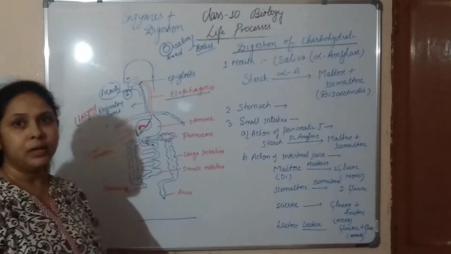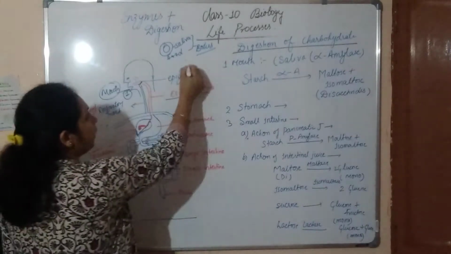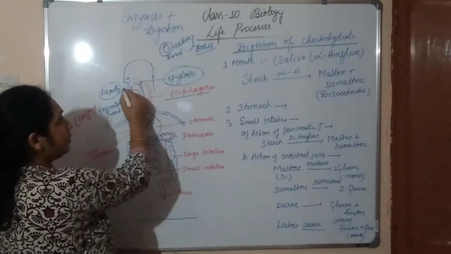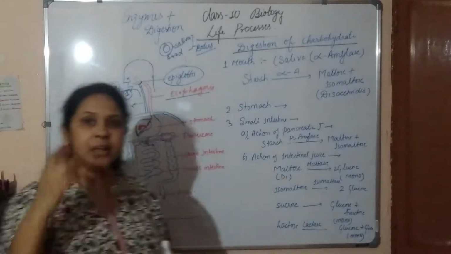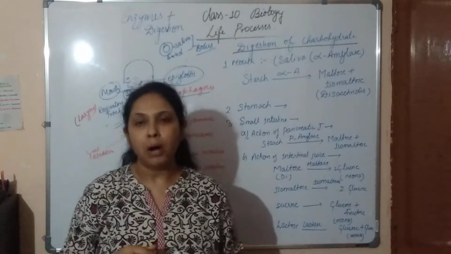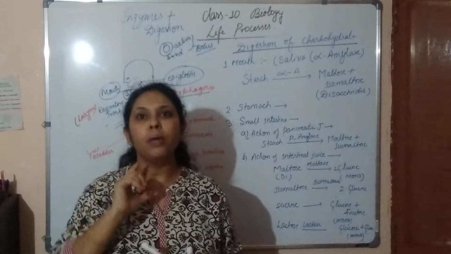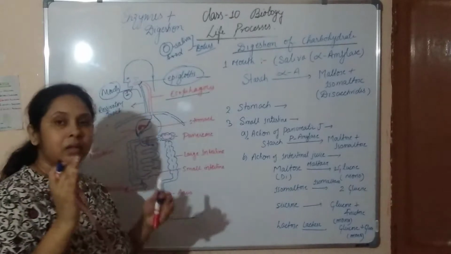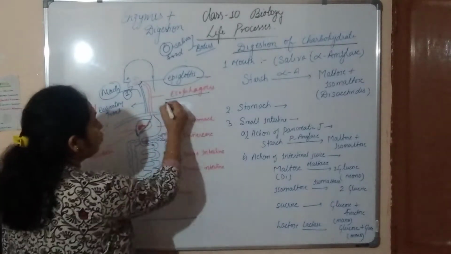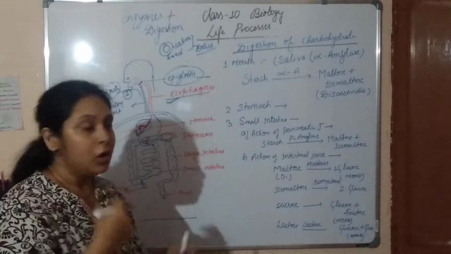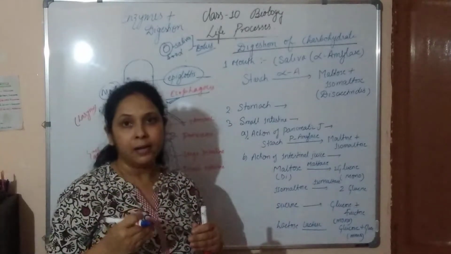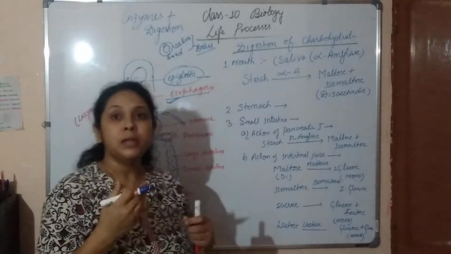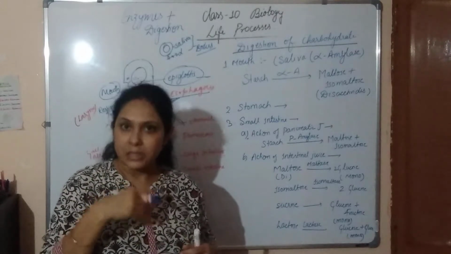There is one very important thing we should know about, that is the epiglottis. The area of our nose, ear and mouth is a common area, so there is a chance that food may move into the respiratory tract.